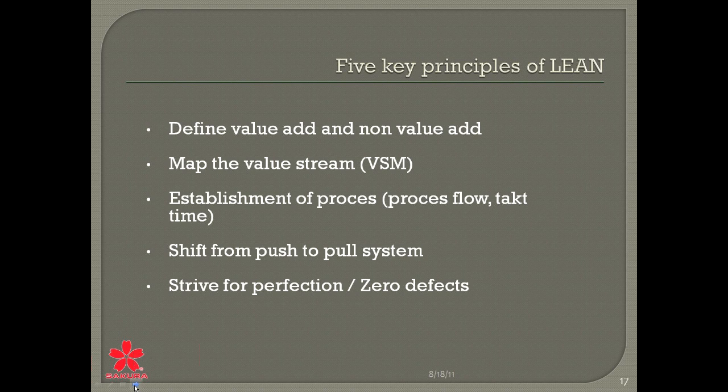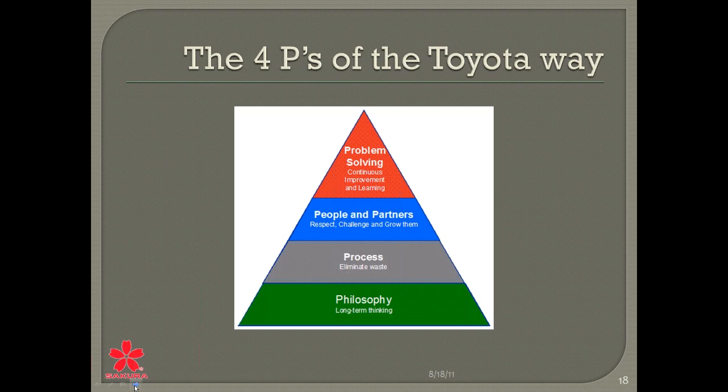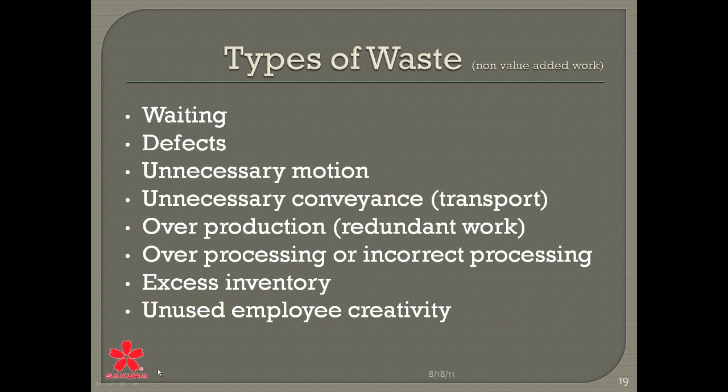Otherwise, they say, well, we have another plate with biopsies for you. And strive for perfection, 0 defects, and that's what we all like. We don't want to make any mistakes in our labs. And this is also from the Toyota Way. The 4 P's, they say, are philosophy, the process, the people and partners, and then the problem solving.